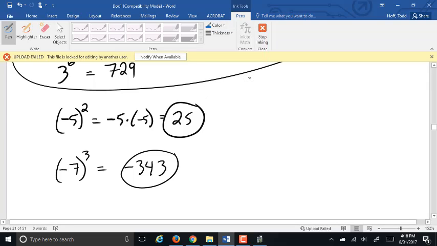How about if I have, let's do negative 6 to the power of 4. What does that one come out to? It's going to come out to be 1,296.